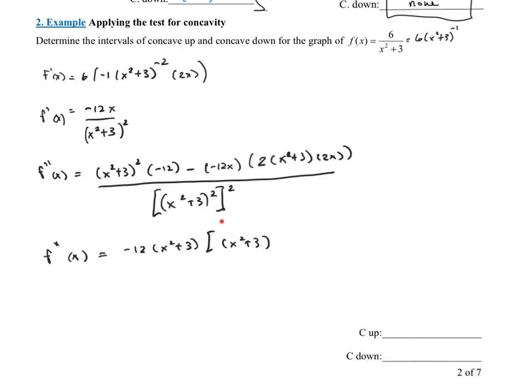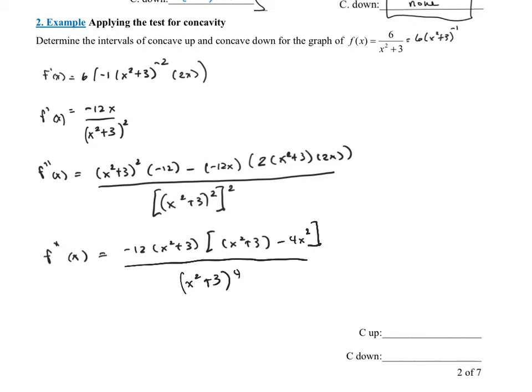And in the second term, if I factor out a negative 12 and an x squared plus 3, it seems to me that there would be an x, a 2, and a 2x left. Multiplying those together, a 2x and a 2x would be a 4x squared. We do have the negative sign, so I'd have minus 4x squared. In the denominator, I have the x squared plus 3 raised to the fourth power.